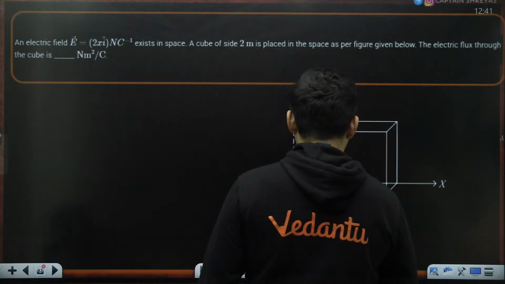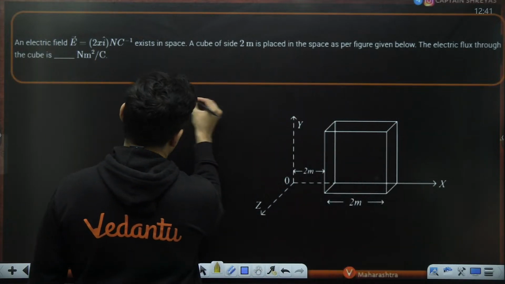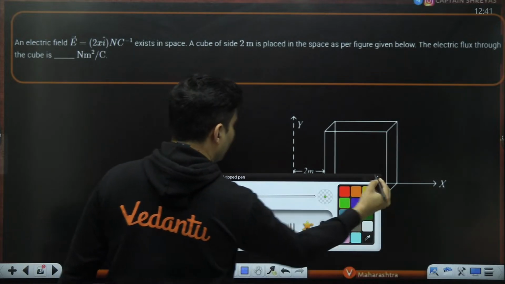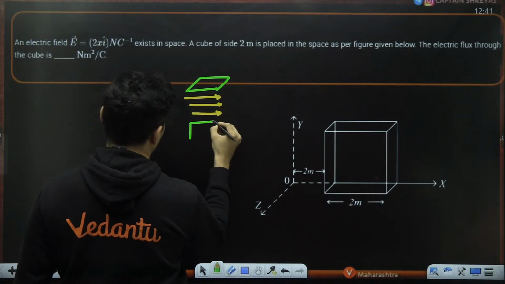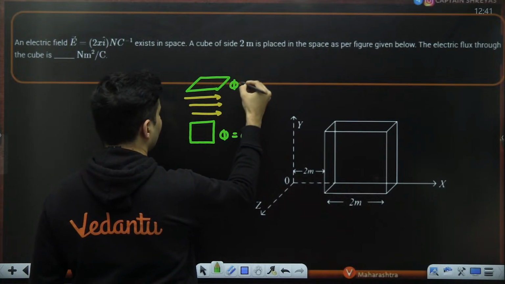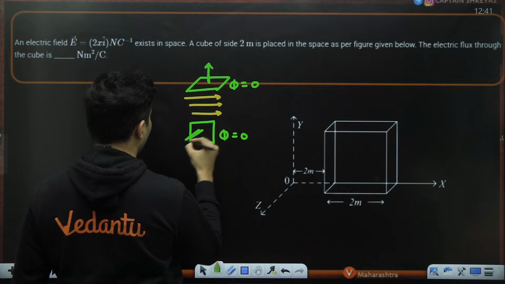Now, over here, we know the electric field is going in the horizontal direction. So if you have a surface like this, or a surface like this, the flux through that will be 0, because the area vector will be perpendicular.